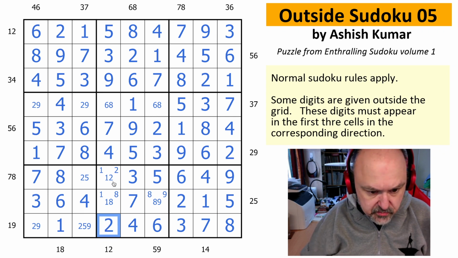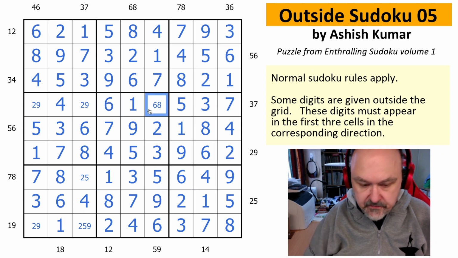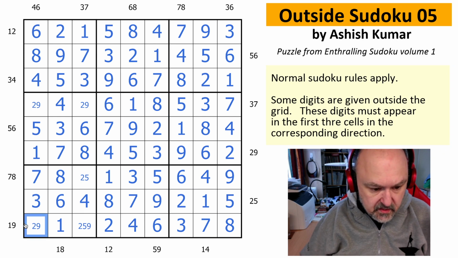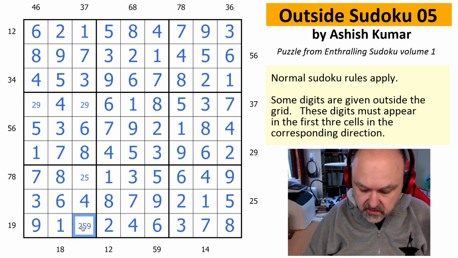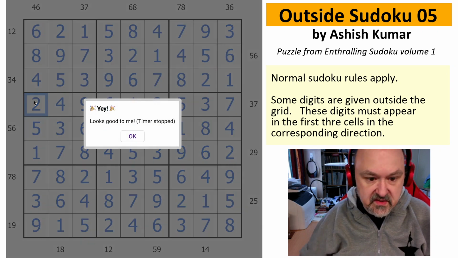So that's a 2, that's a 1, that's an 8, that's a 9, that's a 6, that's an 8, that's a 9, that's a 5, that's a 2, that's a 9, and that's a 2.